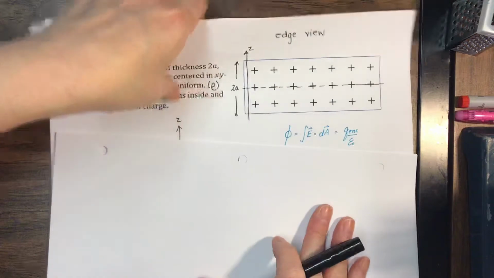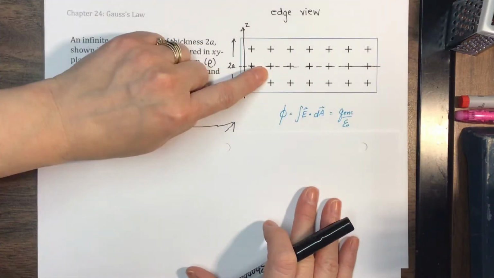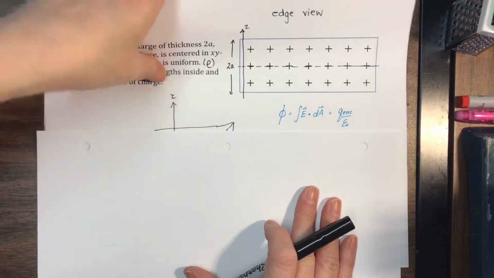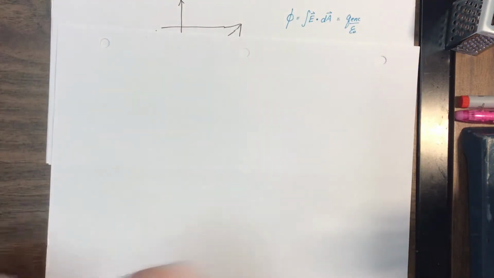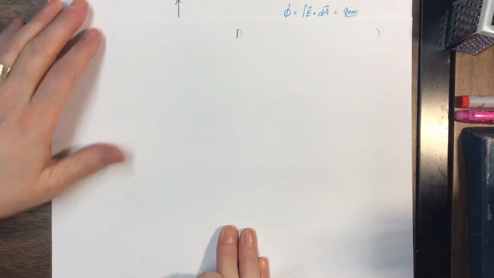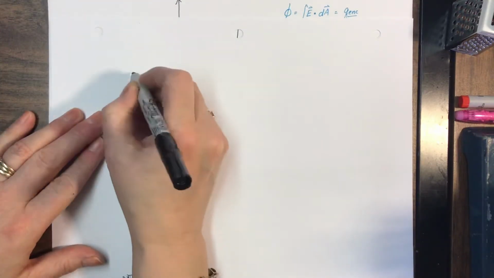So let me draw a picture for what I'm talking about. And in general, to take advantage of the symmetry, you pick a Gaussian surface that looks like your object. So for my object, and I'm not going to work with the 3D view because it's just too hard to draw, I'm going to go with the two-dimensional view.